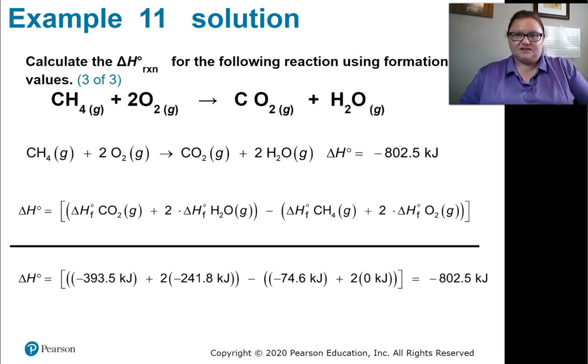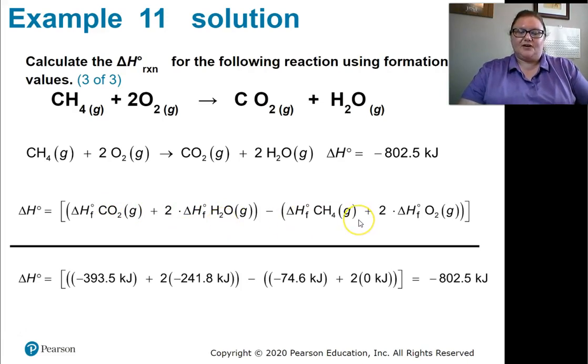Now we would plug this into the summation formula. So again, it's products minus reactants. So our products are carbon dioxide and water. Let's follow that down here. See how they're being plugged in over here on the left. They're being plugged in first. That's the products. So we're taking any coefficients here, bringing them down, and multiplying that through with the values.